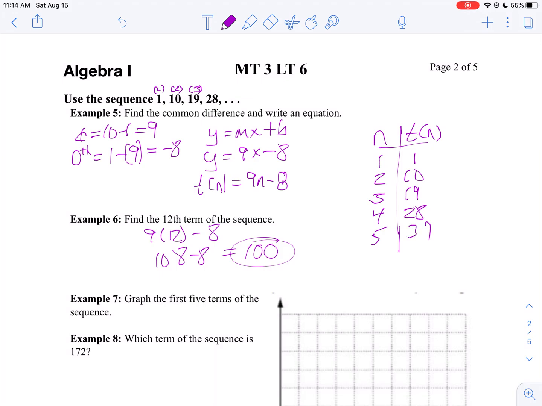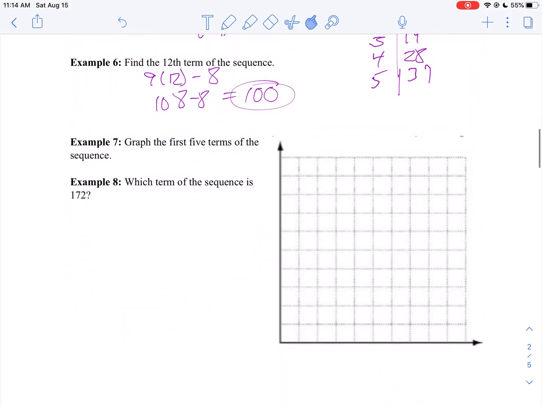So I want to go up to 37 on my graph. And if we count here, there's 1, 2, 3, 4, 5, 6, 7, 8, 9, 10. 37 divided by 10 is 3.7. So if I wanted to count exactly by 3.7, I'd get to the top.